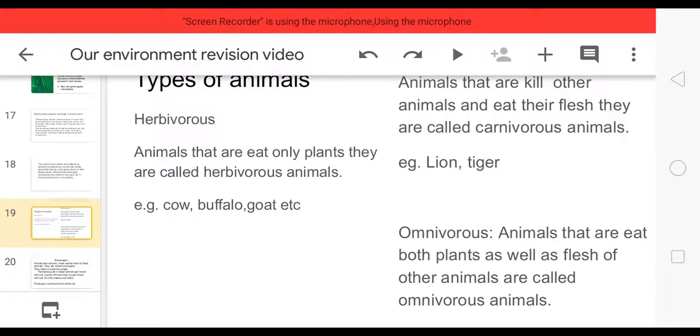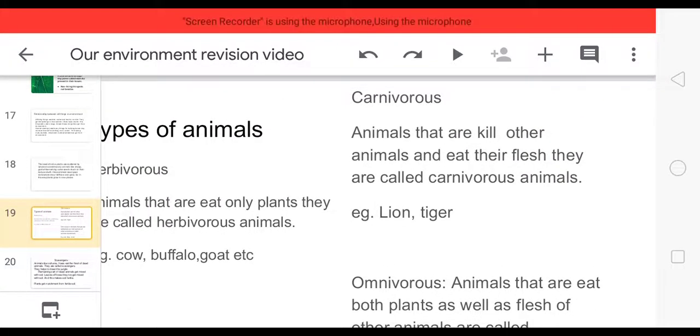For example, cow, buffalo, goat. Next is carnivorous. Animals that kill other animals and eat their flesh, they are called carnivorous animals. Okay, for example, lion, tiger, and omnivorous.